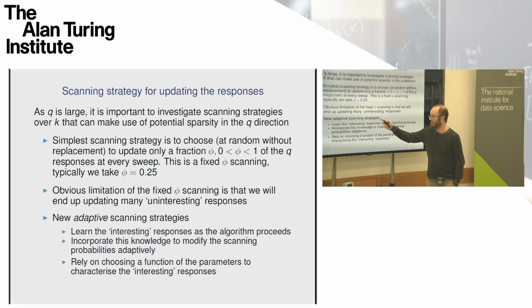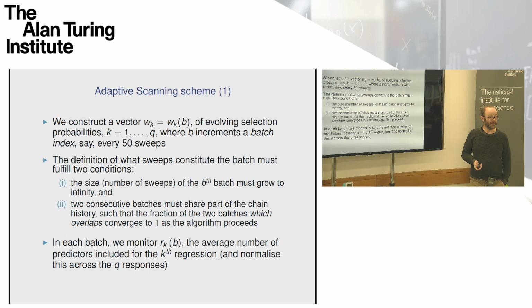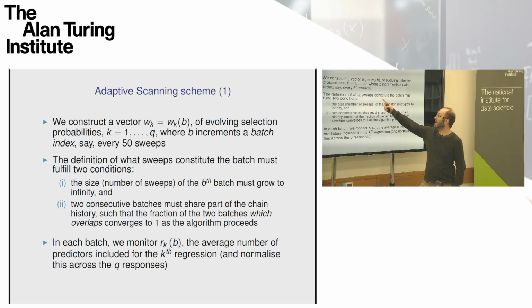So we adopted an adaptive strategy that I'm going to illustrate. The adaptive strategy is the following. During the MCMC, we learn some weights that are indicated with W_k. And this weight depends on a coefficient B, and the coefficient B is the batch index. So during the MCMC, we perform the variable selection on those transcripts that have a higher probability to be selected.